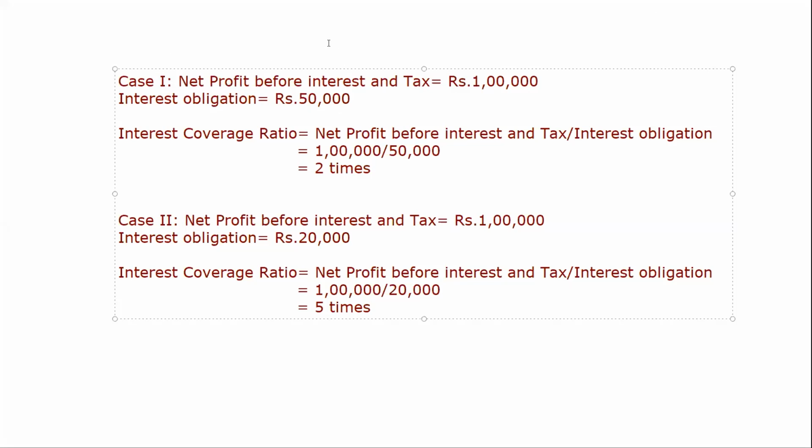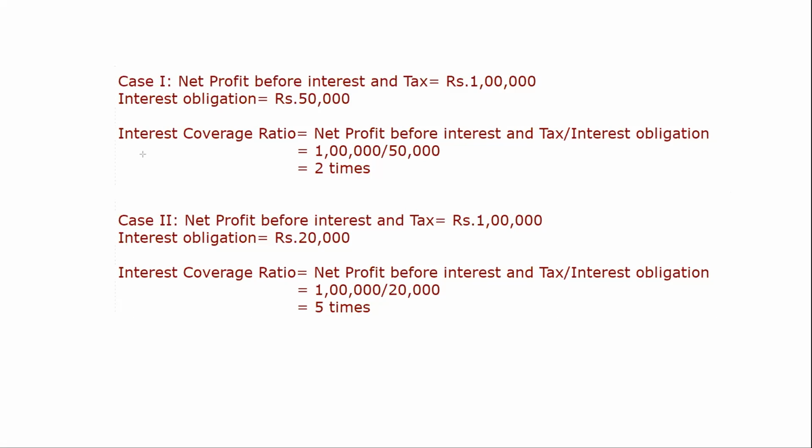Now if we calculate the interest coverage ratio, the formula of which is net profit before interest and tax upon interest obligation, this is 1 lakh upon 50,000, which is equal to 2 times. In the second case, you see that the net profit before interest and tax is the same 1 lakh, but the interest obligation is now 20,000.